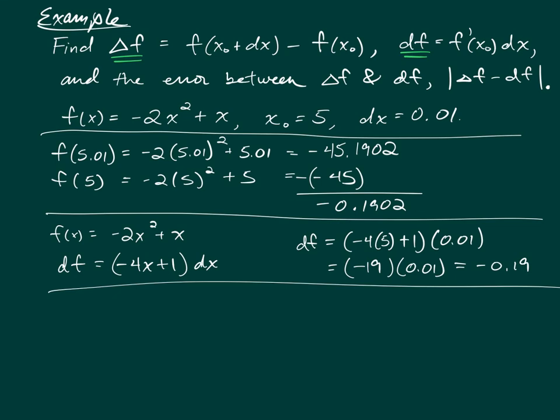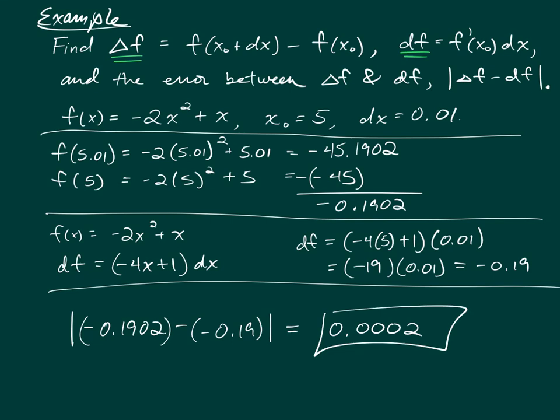The last thing here is to figure out how far off is the linearization from the actual thing. So we take the absolute value of negative 0.1902 and we subtract the differential df, which we computed as negative 0.19, and that equals 0.0002.